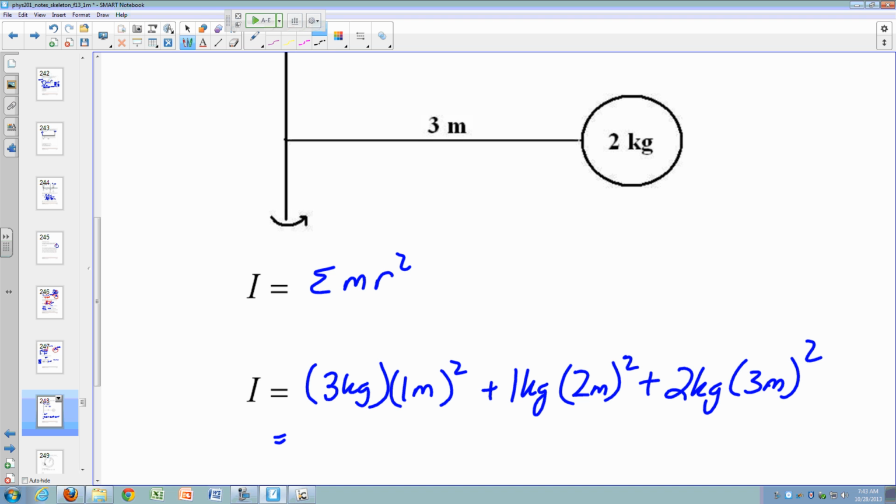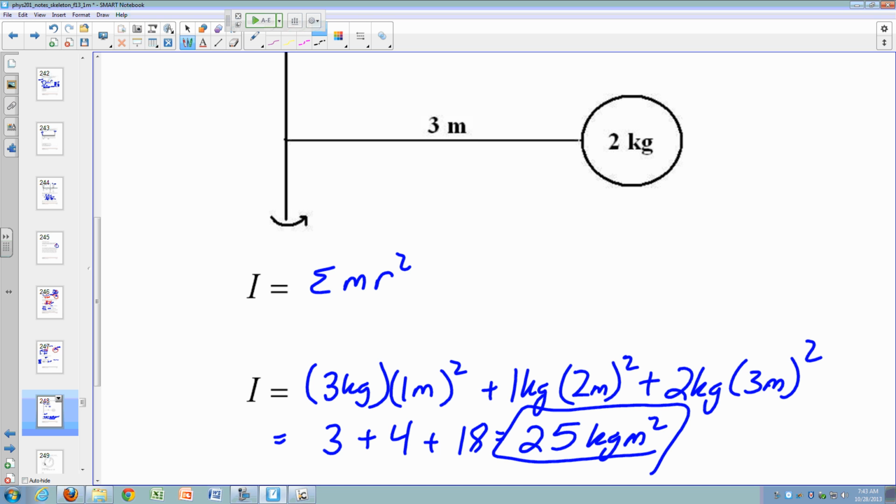So that's 3 times 1, that's 3, plus 4, plus 2 times 3 squared is 18. So that's 7 plus 18, or 25 kilogram meter squared. That's the moment of inertia for these discrete particles.